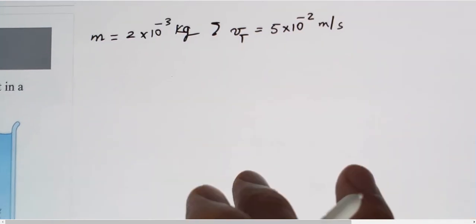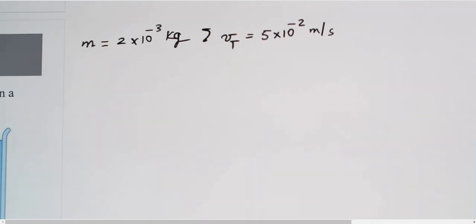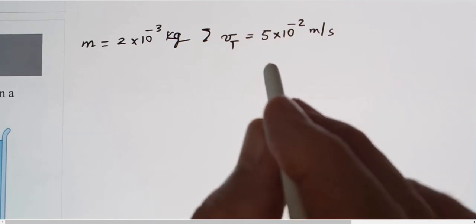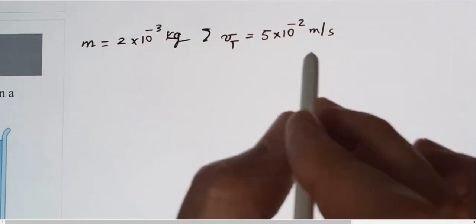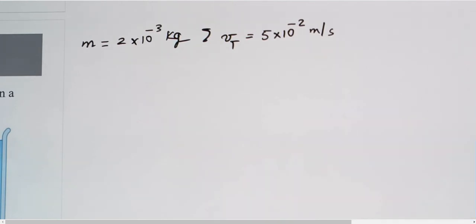And where is the direction? mg is pointing down. Terminal velocity direction, it's going down because it's the terminal velocity. So the direction of the velocity is pointing in the same direction of gravitational acceleration.